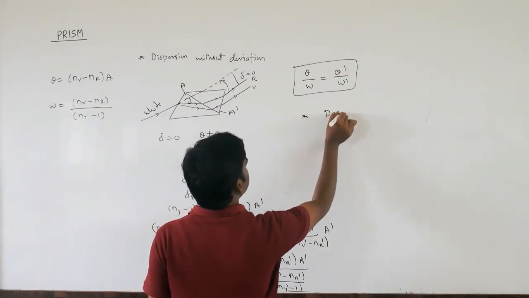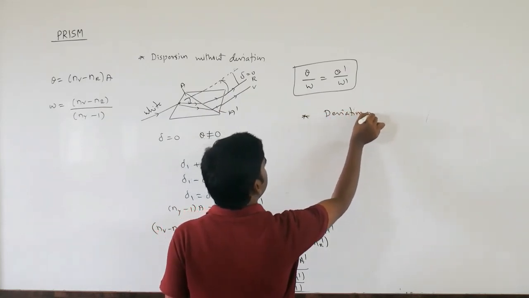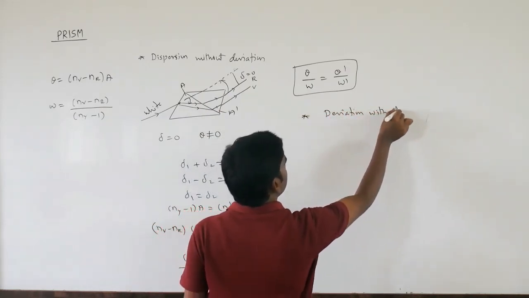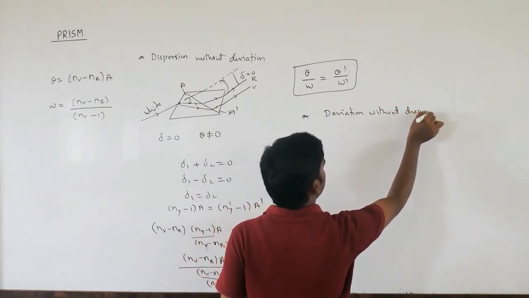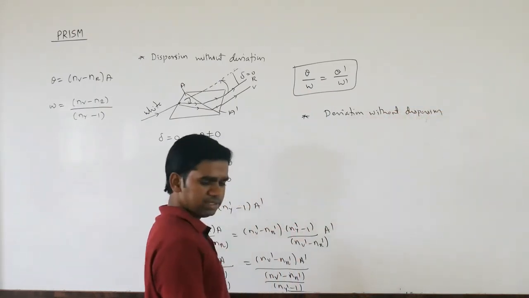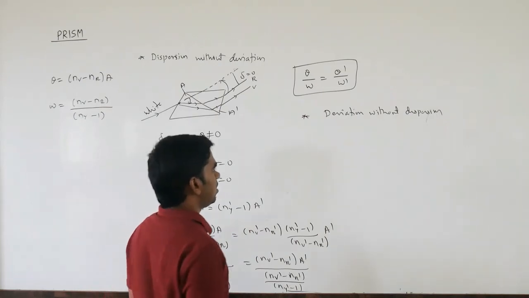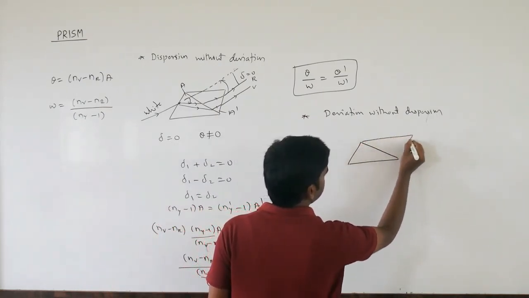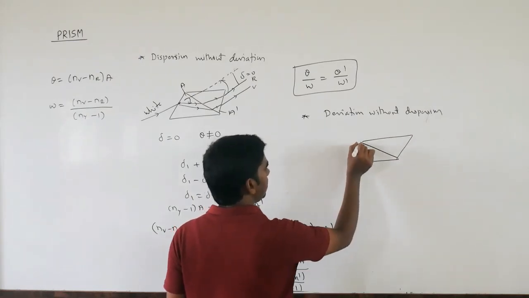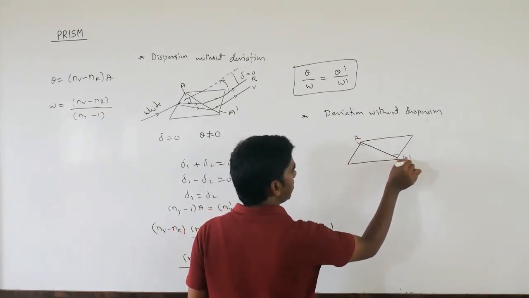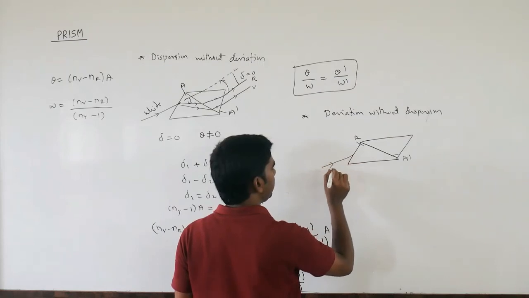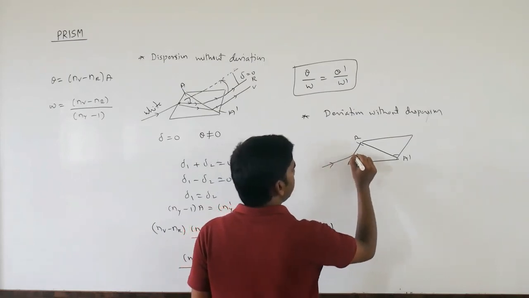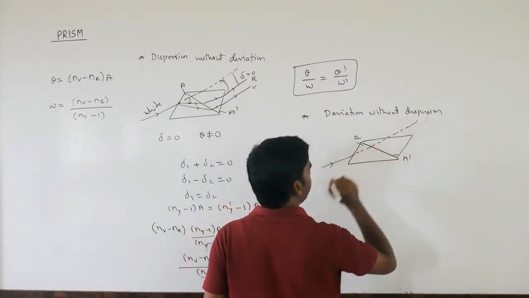That is deviation without dispersion. Deviation is there, but dispersion is not there. In that case, the condition is a little different. This is one prism with angle of prism A, this is another prism with angle A dash. White light will come here, a ray of light going in this direction.